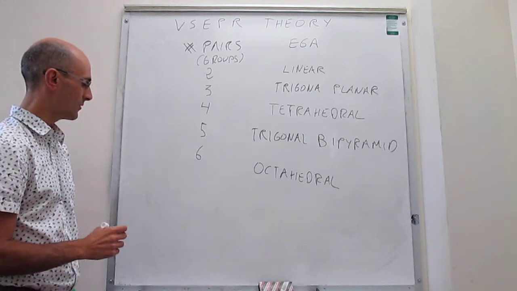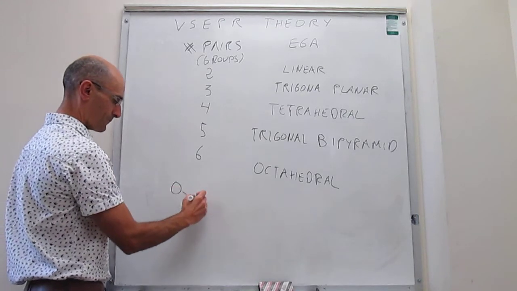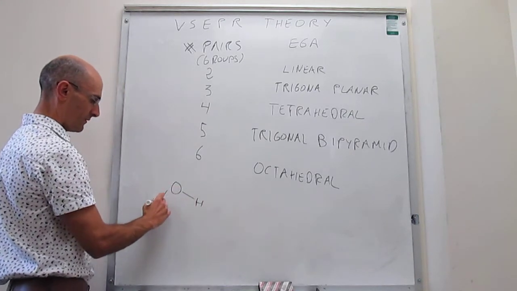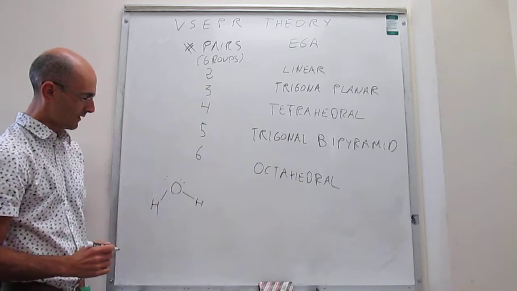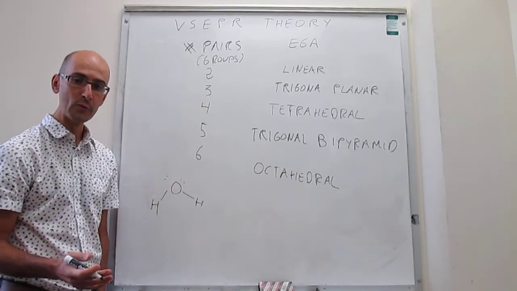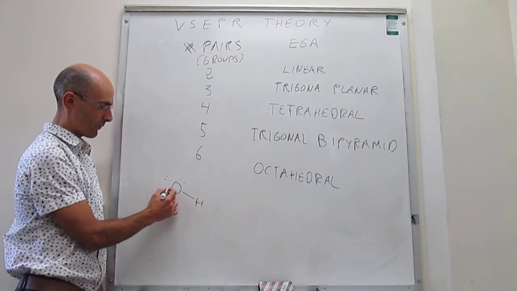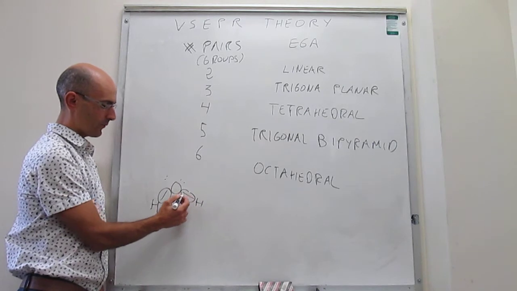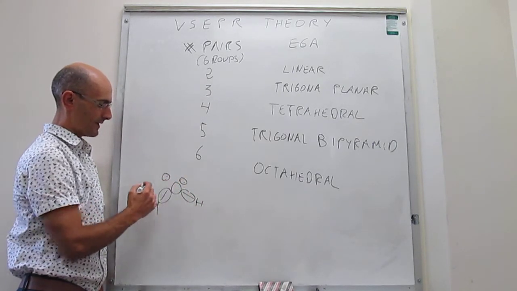Let's take a couple of examples. For example, in water, if we draw the Lewis dot structure, you will get a structure like this. The number of electron groups is going to be 4, because that's one electron group, that is one electron group, that's a different electron group, and that is a different electron group.